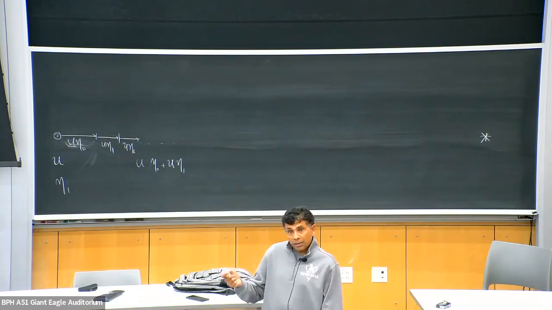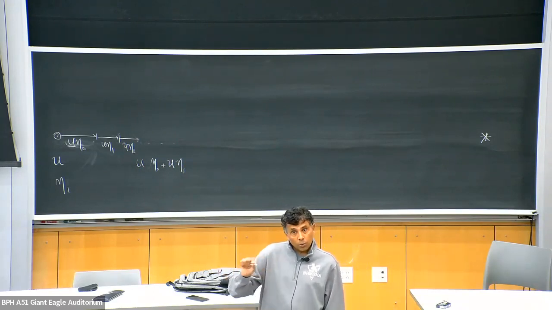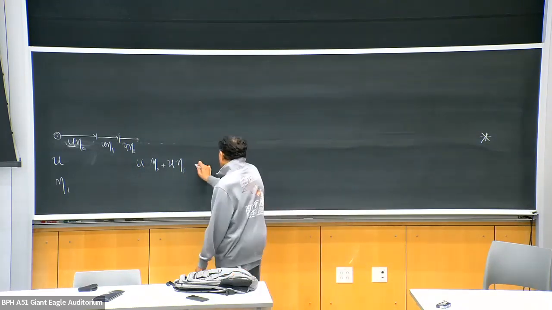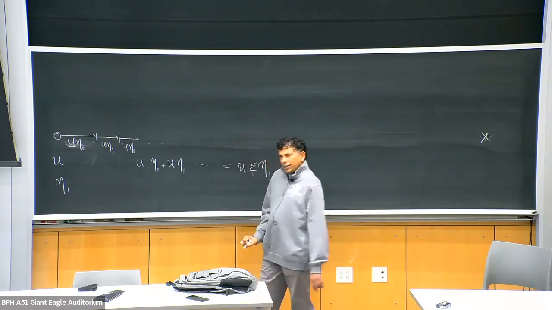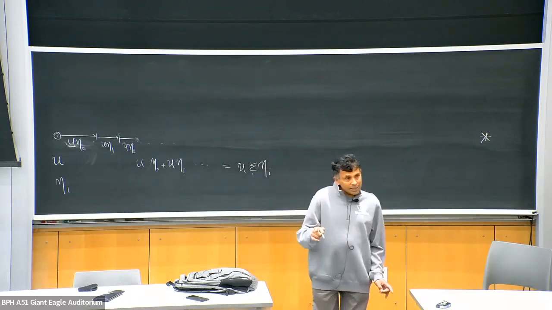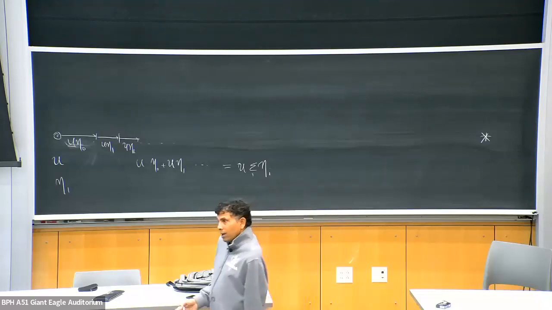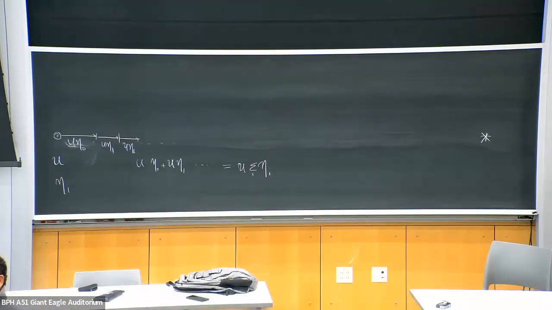In reality, it will be even less. So u times the summation of all the etas, which is u times summation over i of eta i. Correct? This distance, which is the largest distance you can cover, must be enough for you to get from your initial point to the optimum, right?